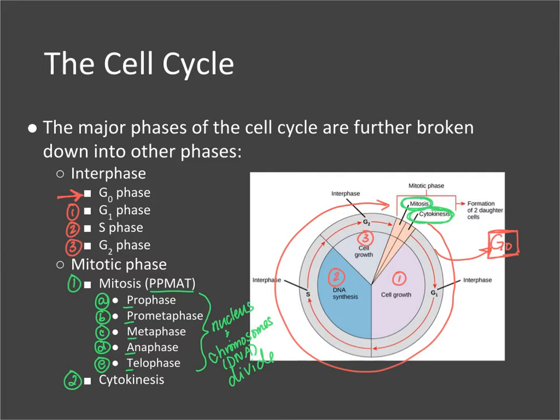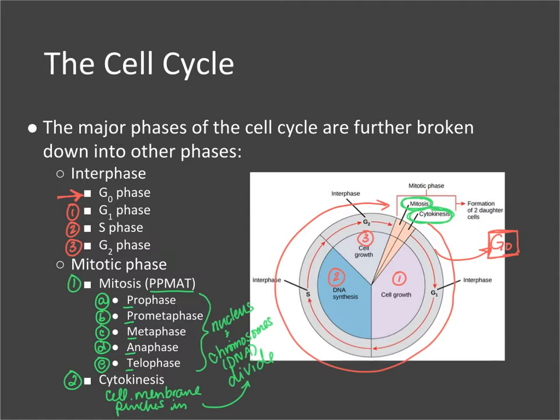So during cytokinesis, the cell membrane pinches in to divide the cell into two smaller cells. And each of the new cells gets one of the new nuclei that was created during mitosis.